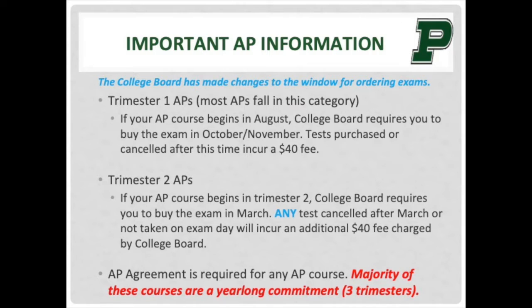If you decide to buy your test or cancel it after this deadline, you will incur a $40 fee charged by College Board. If your AP course begins in trimester 2, the College Board requires you to buy the exam in March. Any tests canceled after March or not taken on the day of the exam will incur an additional $40 charged by College Board.